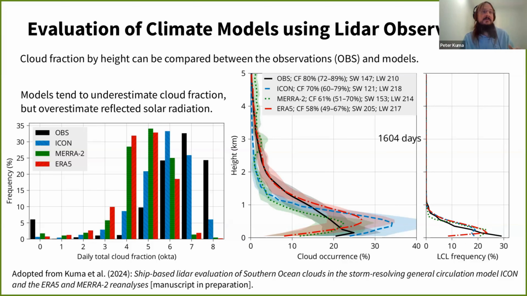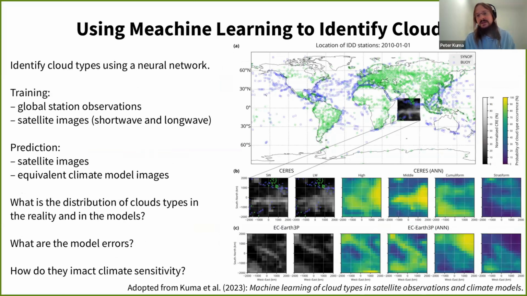Okay, I don't have that much time now. So I'll just mention another project, which was on using machine learning to identify clouds. And we used satellite data from an instrument called Cirrus. And we had these kind of images from the satellite. And from the surface, we had various station measurements over several decades.